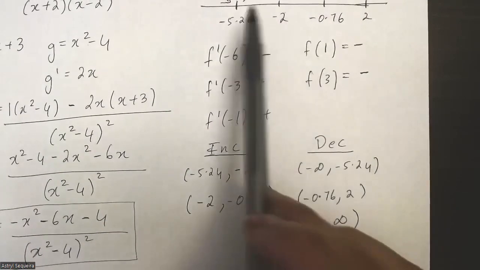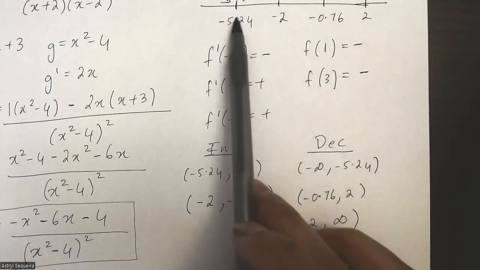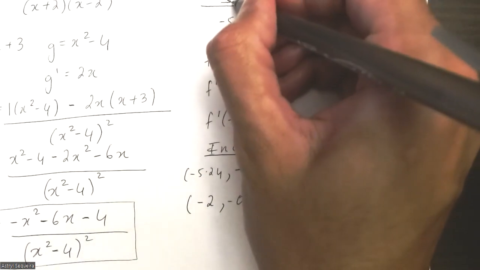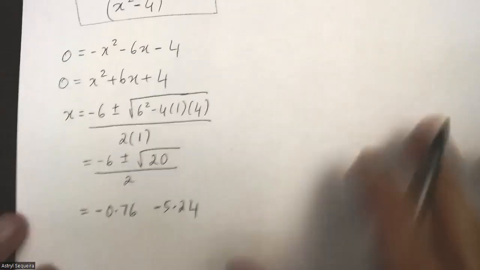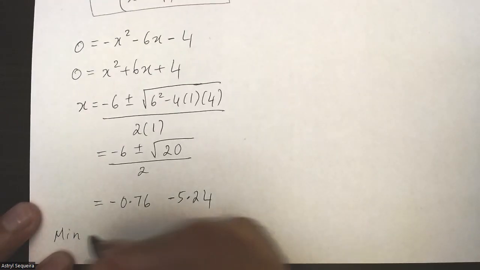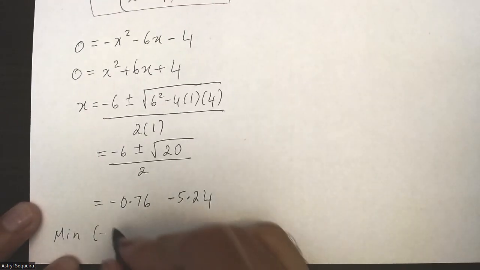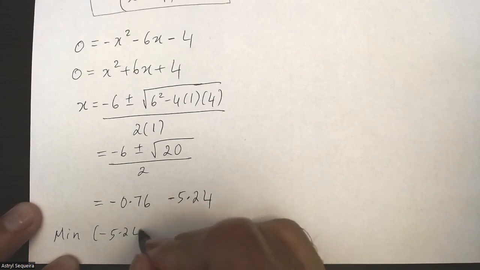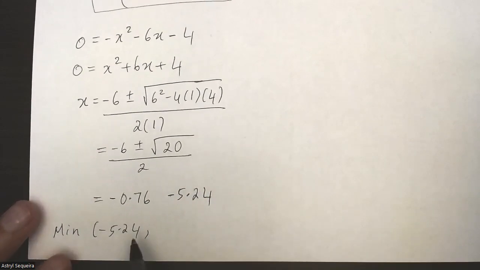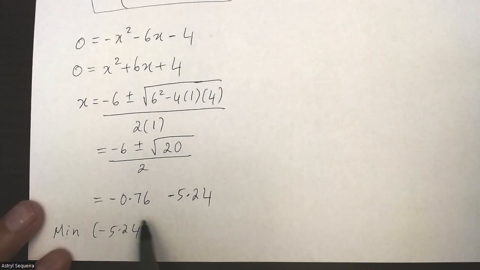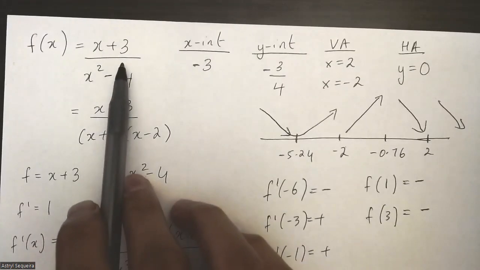Once I finish these, I want to classify these 2 points as maxes and mins. As you can see here, this is clearly a minimum. So I have a minimum, and it's at -5.24 as the x value. In order to find the y value, I will sub this into the original equation.